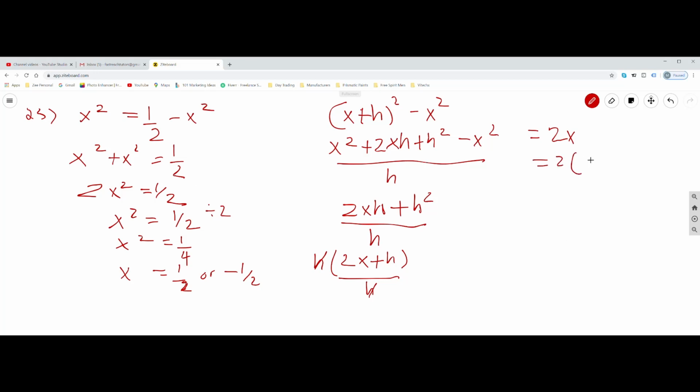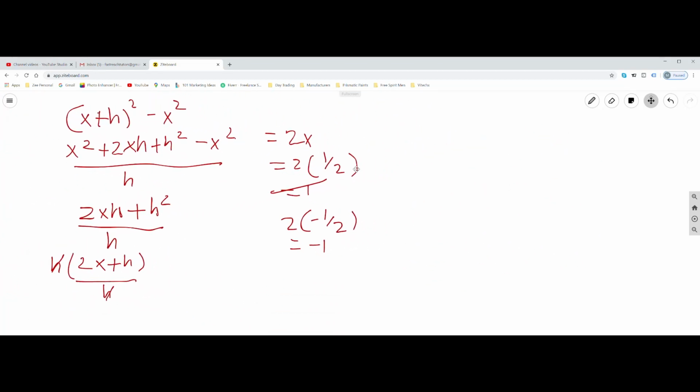Let's say if it's half, the slope is 1. The slope is negative half, the slope is negative 1, right? I'm going to just move this. Oops, undo. Move this over.